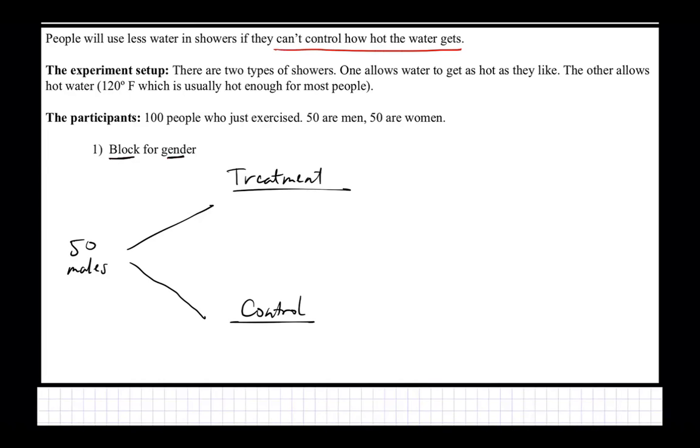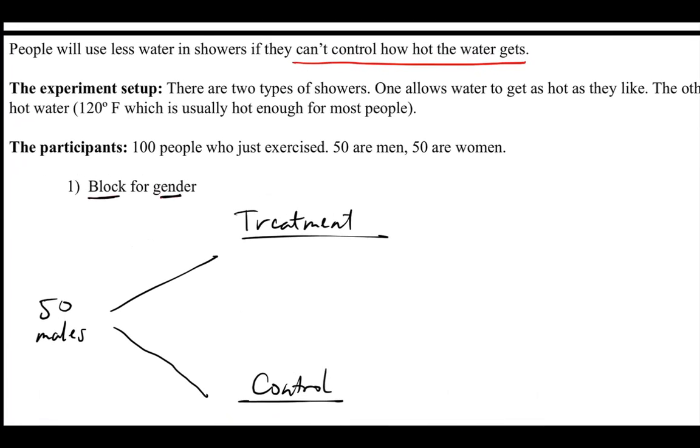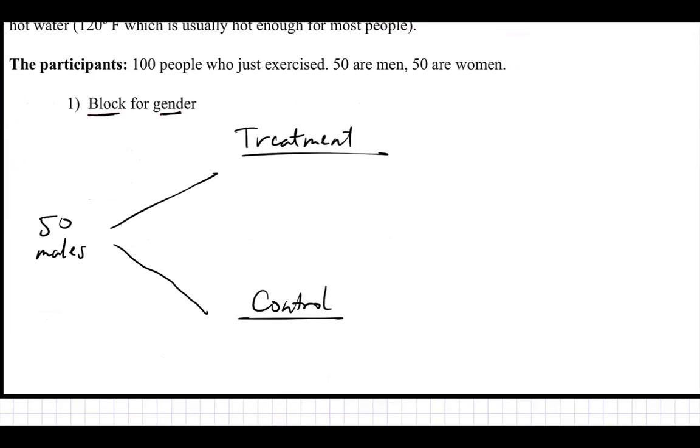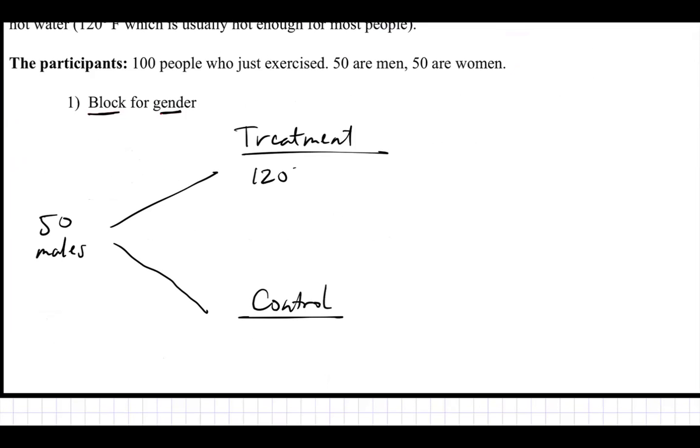I'm not picking on Aldrin. It's just I heard one voice, and I don't want to assume that's everyone's voice, right? So speak now, or forever hold your peace. All right, exactly. So if the question says we're trying to test to see if they can't control, that's what the treatment's going to be. Okay, so the treatment's going to be 120 degrees Fahrenheit.